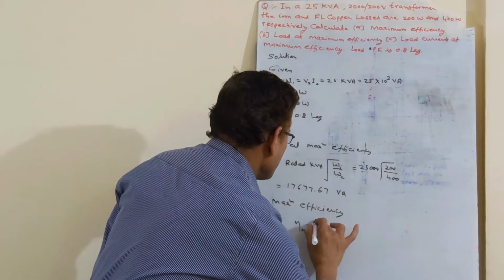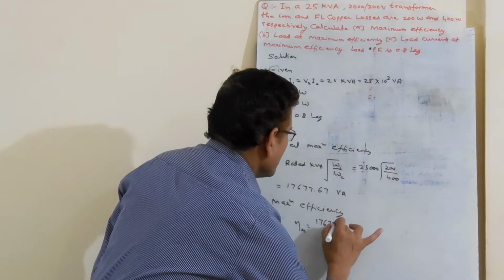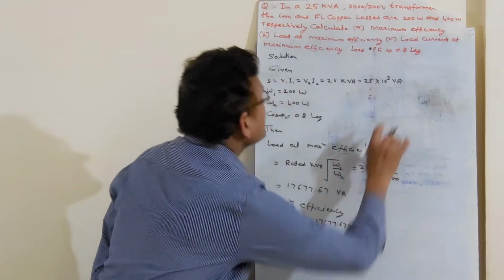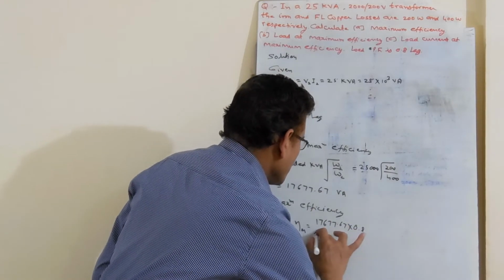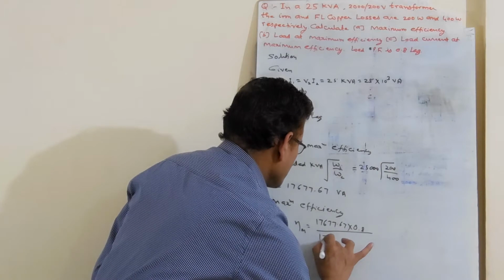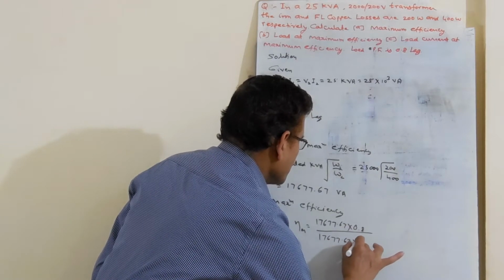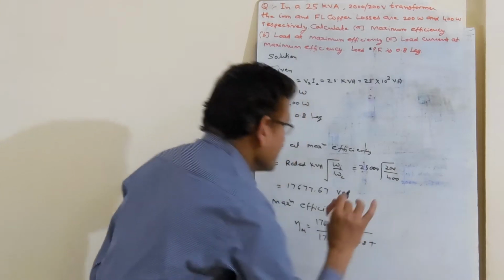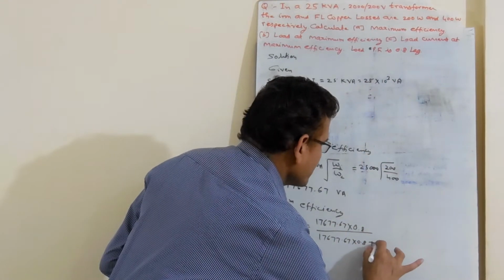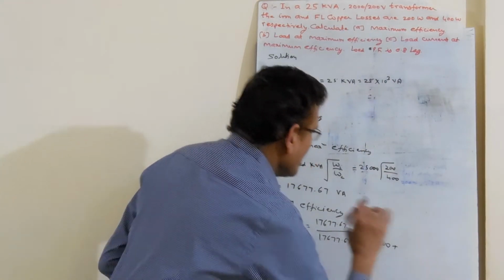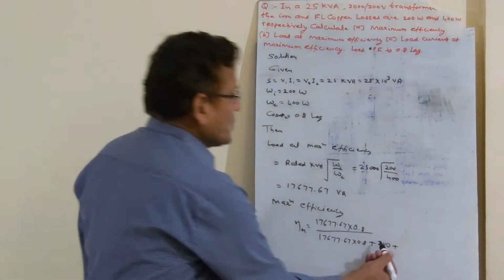So maximum efficiency will be as follows. The value of iron loss is 200 watt, and under the condition of maximum efficiency, copper loss will be equal to iron loss.